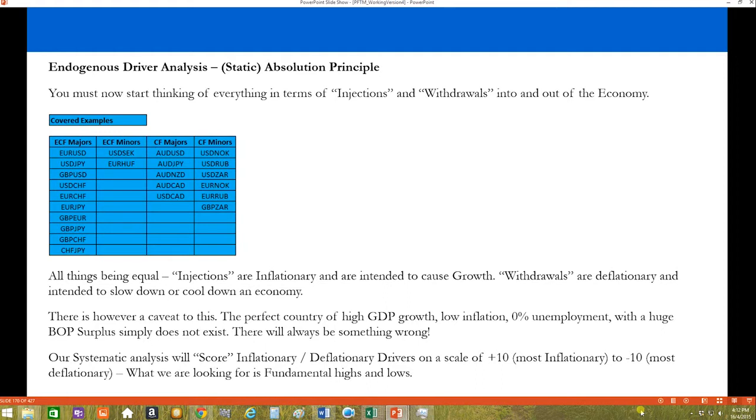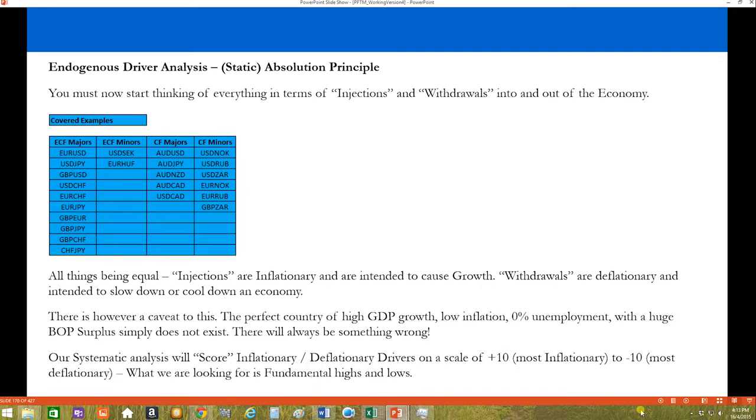Well, the perfect country in economics really is a country with high GDP growth, low inflation, 0% unemployment, and has a huge balance of payments surplus. Obviously, that situation cannot exist. And you'll see why as we go through the video series. There's always going to be something wrong with a country.